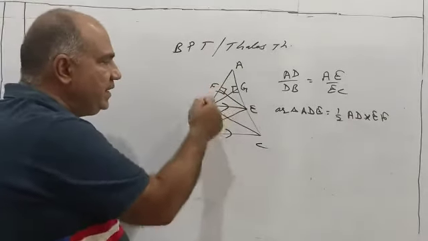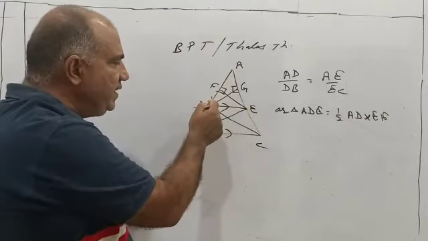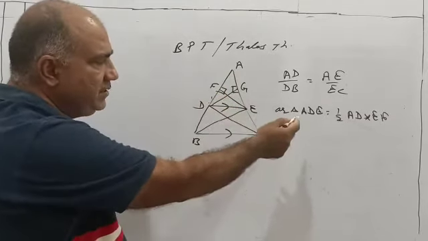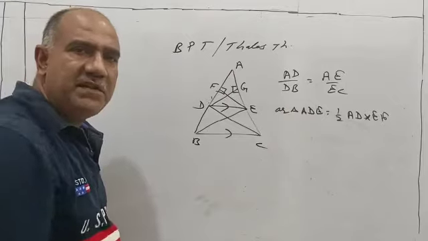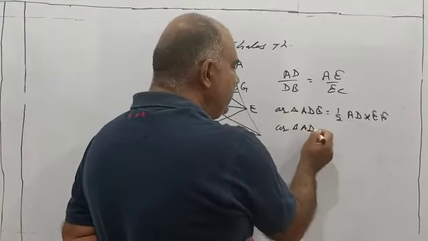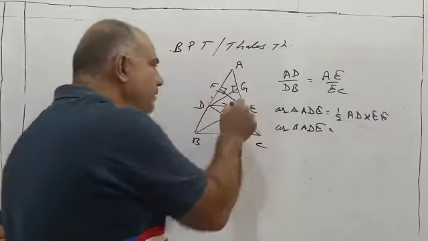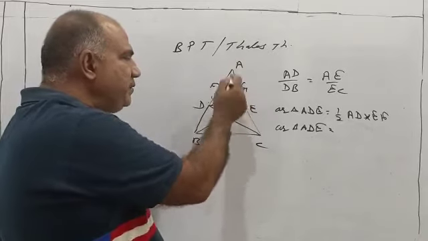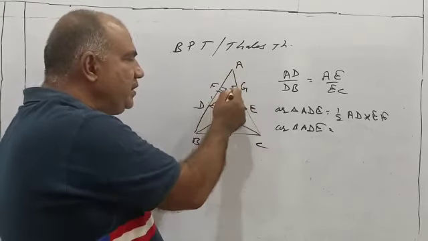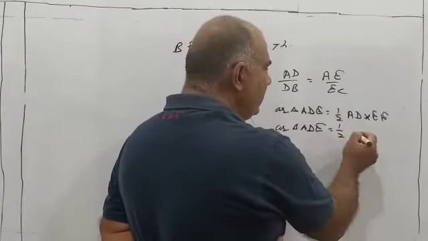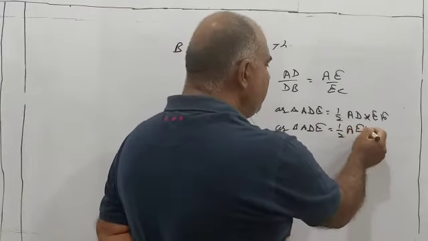Once again I will find out area of triangle ADE. This time I will take AE as base. Then undoubtedly DG is the height. So the area of the triangle will come out to be half into AE into DG.